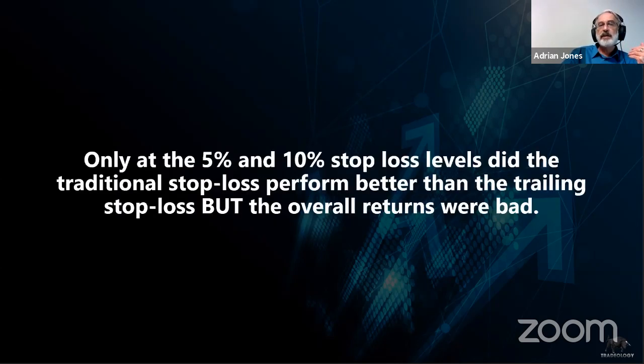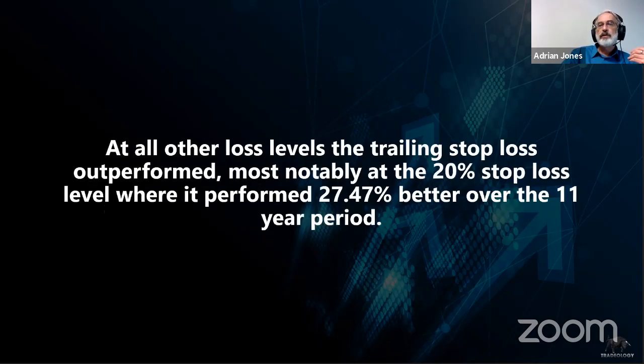Trailing stops are better, as only at the 5% and 10% stop loss levels did the traditional stop loss perform better than the trailing stop loss, but the overall returns would have been bad. Now, at all other loss levels, the trailing stop loss outperformed, most notably at the 20% stop loss level, where it performed 27% better over a long period, like over 11 years, across all the trades analyzed.